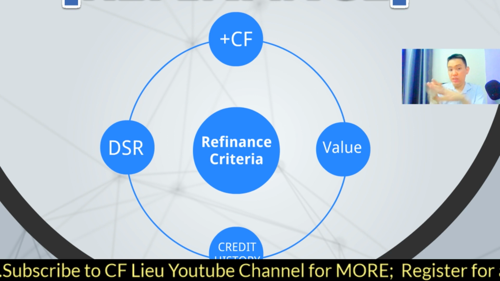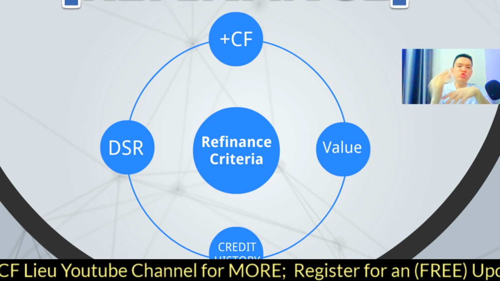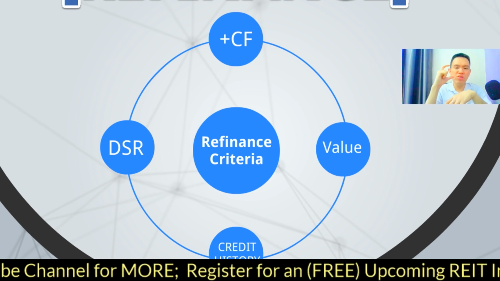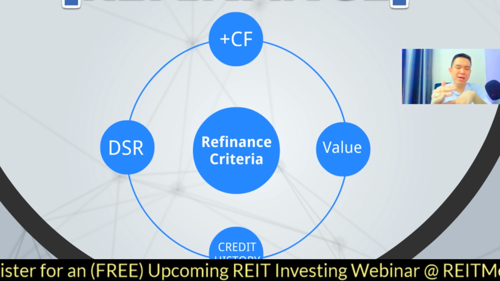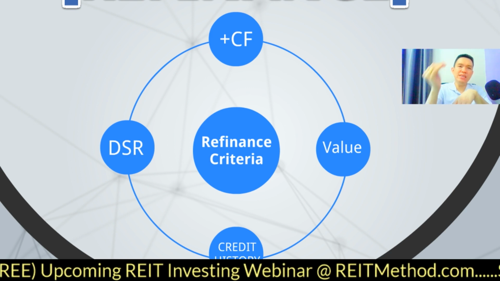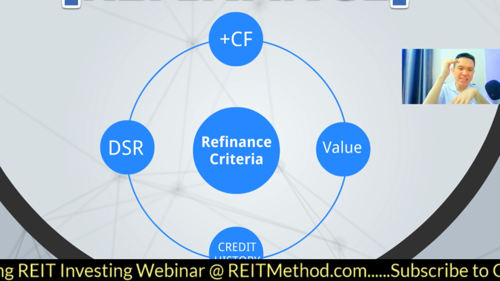Let me repeat that again. Only if you do not have enough positive rental income to cover your mortgage or house loan repayment, that is where it will increase your debt service ratio.